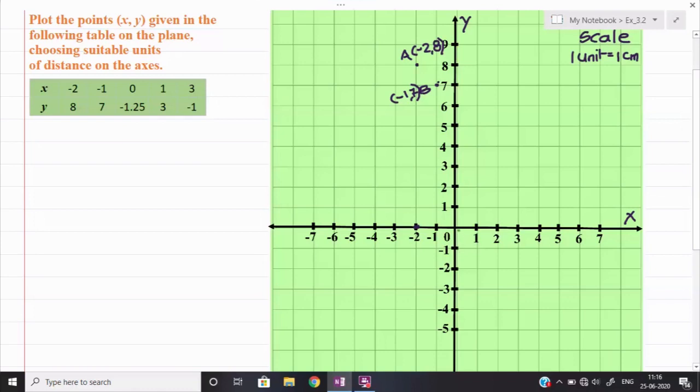First I will reach minus 1, but my point is a little further, that is minus 1.25. So approximately you mark here between minus 1 and minus 2. Between minus 1 and minus 2, the middle one is minus 1.5.